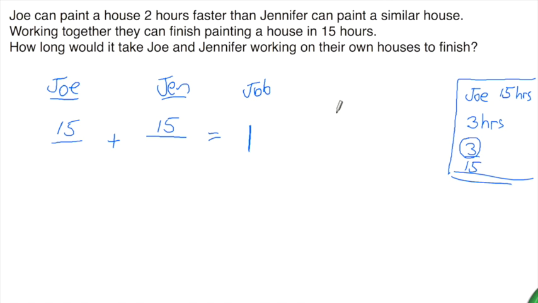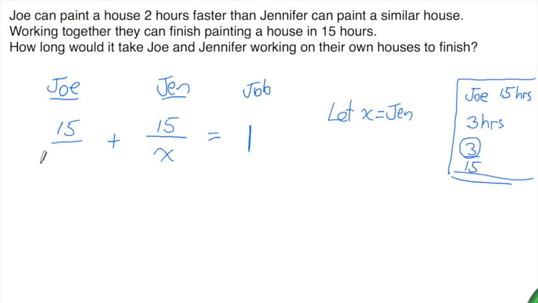So if we let x equal Jennifer, the number of hours Jennifer would take to paint the house, that would go here, then Joe can finish it 2 hours quicker. So over here, we have to make sure the time is 2 hours faster than Jen. So if it takes Jen 30 hours to finish the job by herself, then it's only going to take Joe 28 hours, 2 hours less.